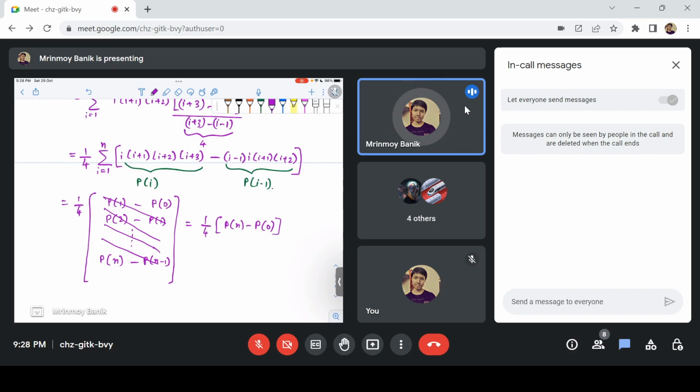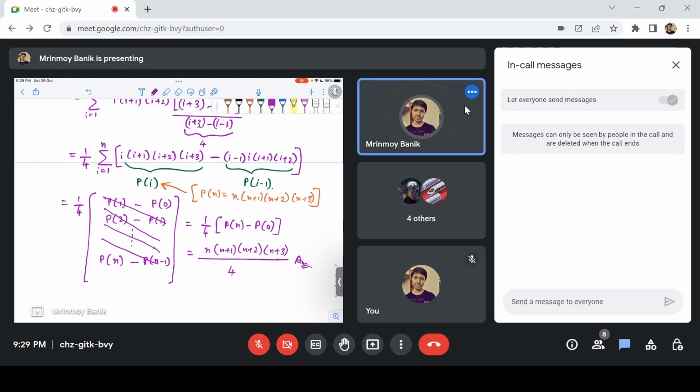and by this definition, you can see Pn is n times n plus 1 times n plus 2 times n plus 3. So P0 is 0. So it's n times n plus 1 times n plus 2 times n plus 3 by 4.